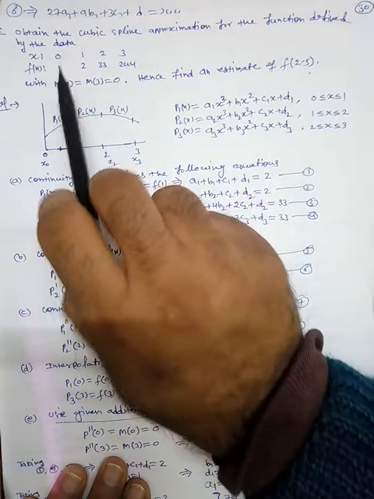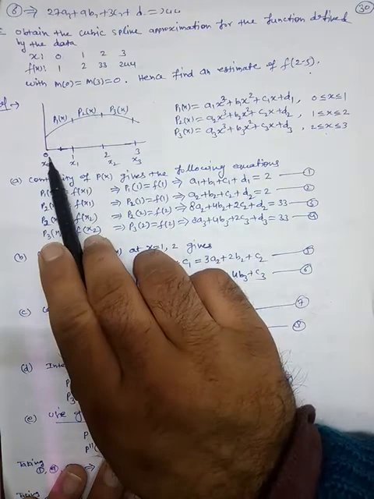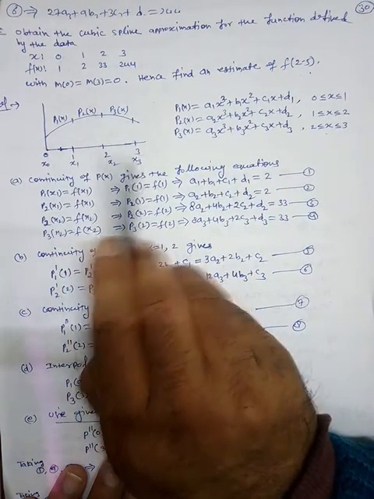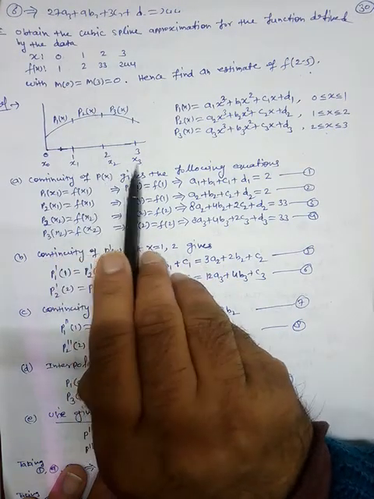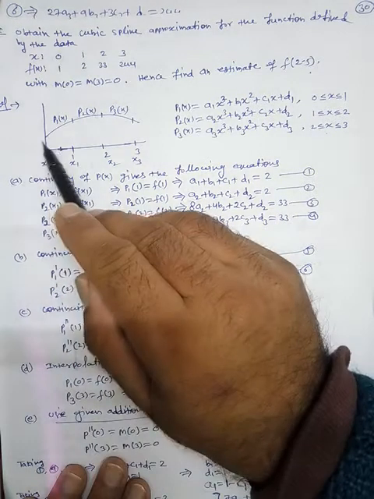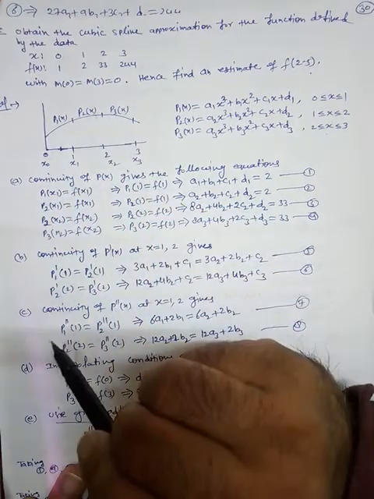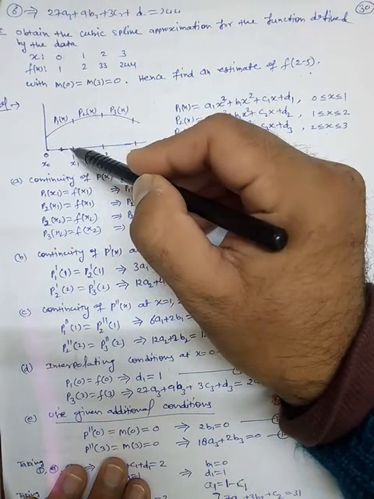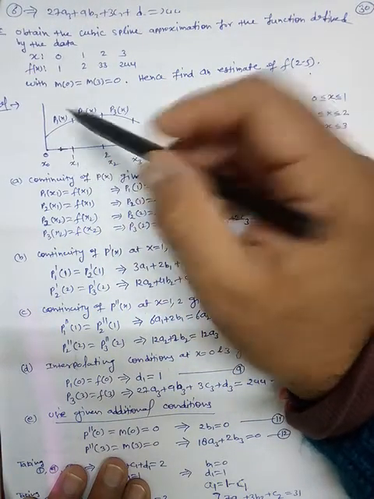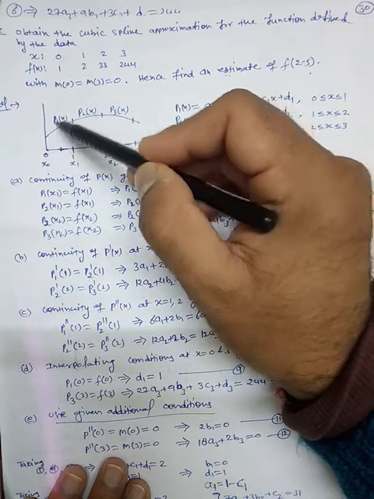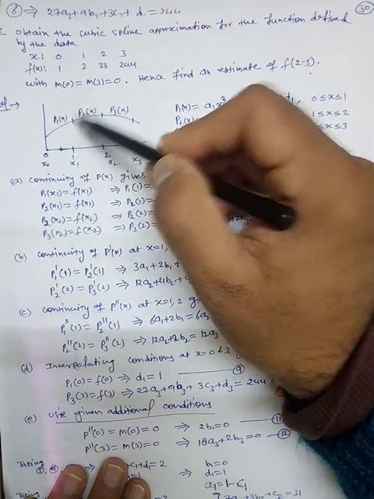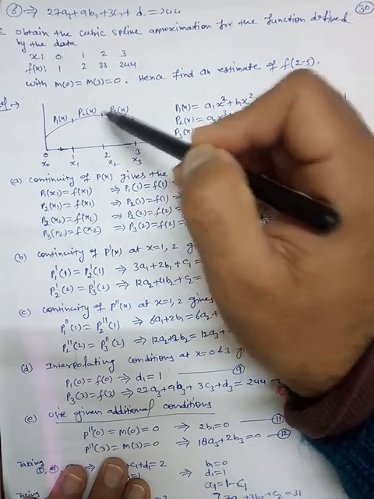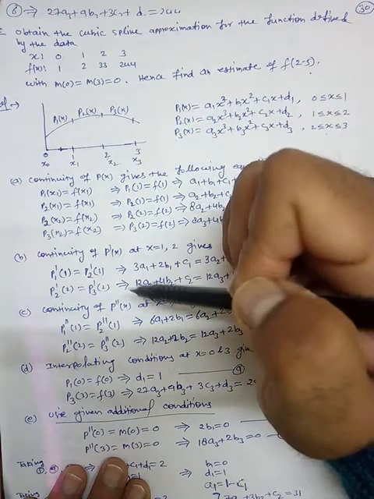Fine. So here we have 4 node points: 0, 1, 2 and 3, denoted by x0, x1, x2 and x3. Now take the spline. You can see that we have a total of 3 partitions. So that's why we have 3 polynomials, P1 from 0 to 1, P2 from 1 to 2 and P3 from 2 to 3.